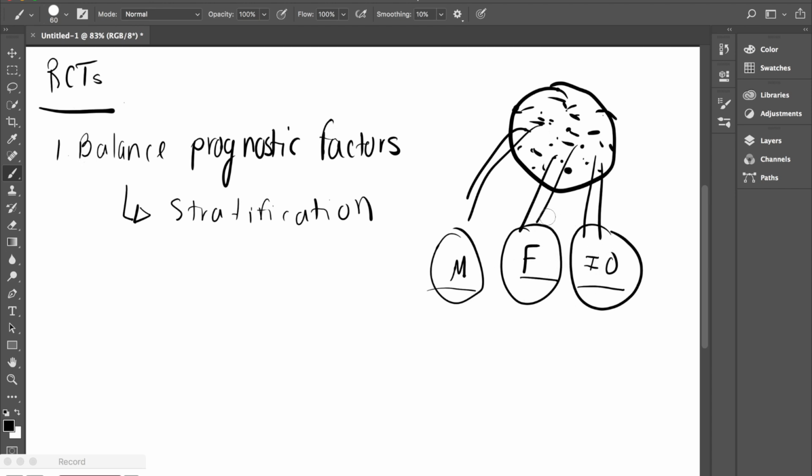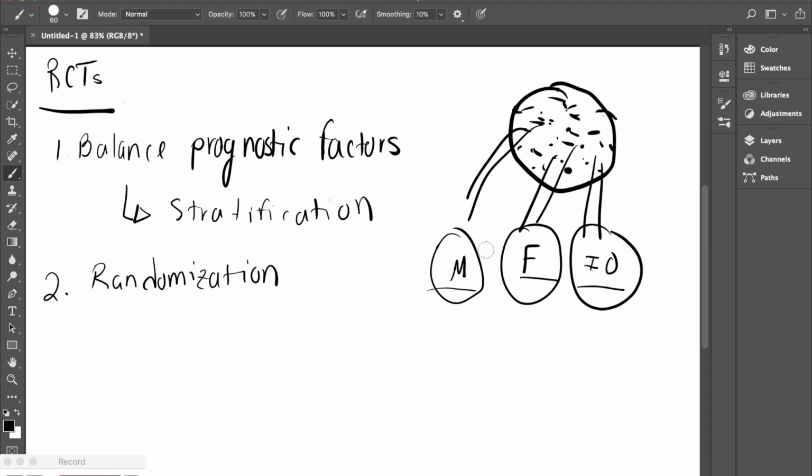But that's okay. Because the second technique for an RCT, after we balance our prognostic factors, is called randomization, right? So randomization now is the process by which we're going to leave it up to chance, right?